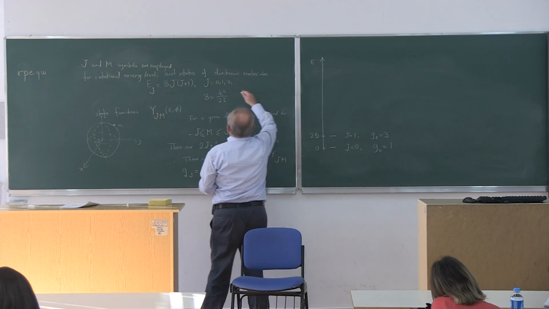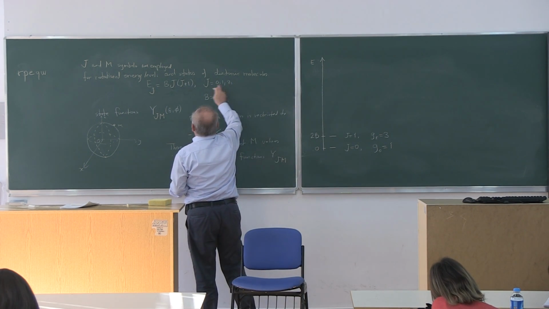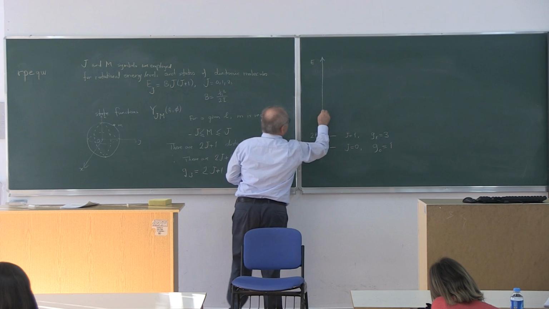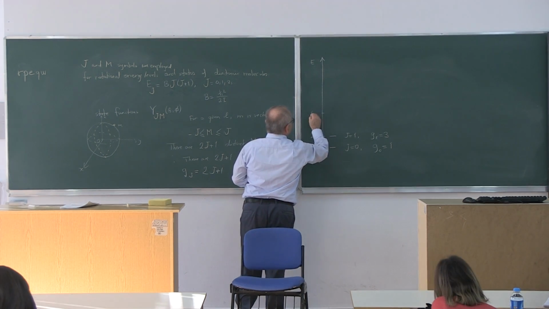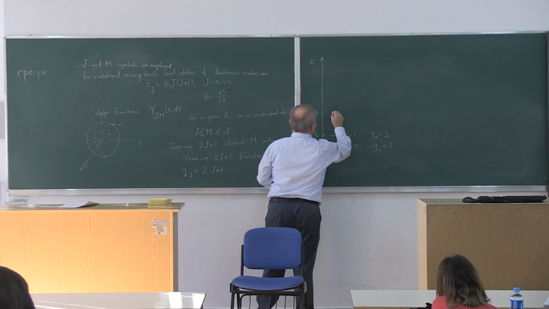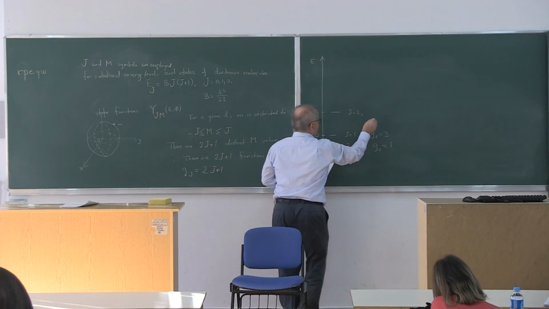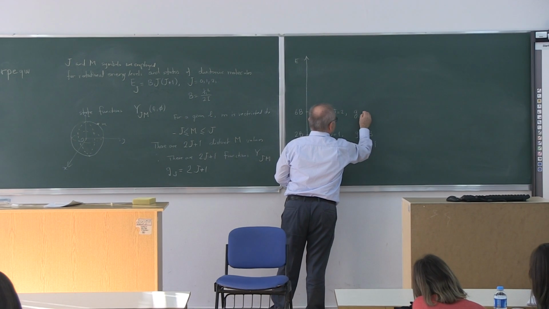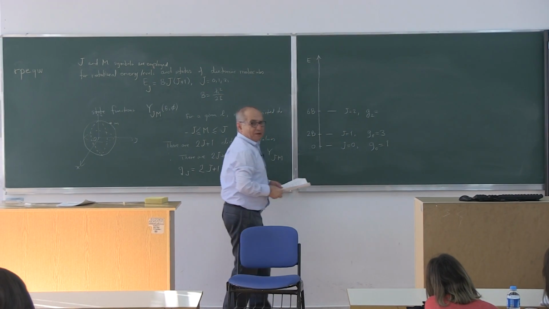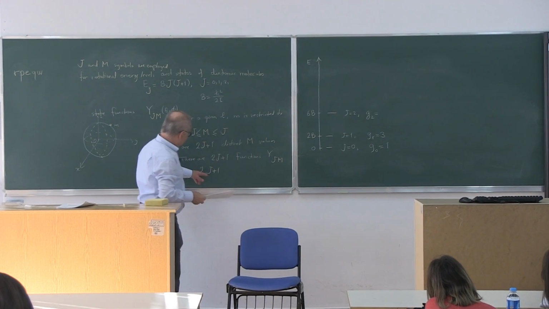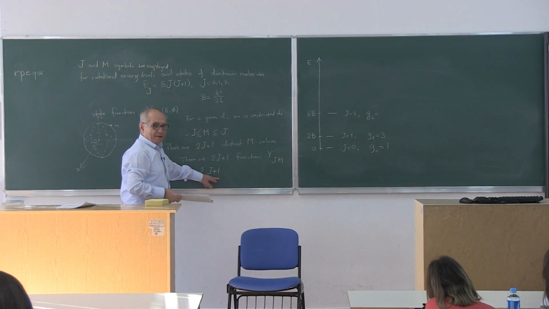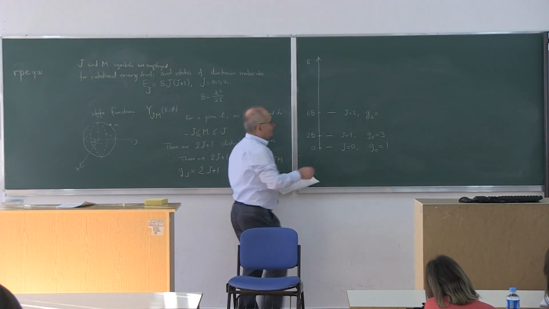The next energy level is when we put J equals 2. 2 times 3, 6. This is for J equals 2. And how many states are there? 2 times 2 plus 1. There are 5 states.